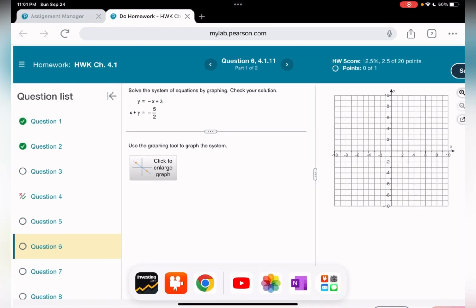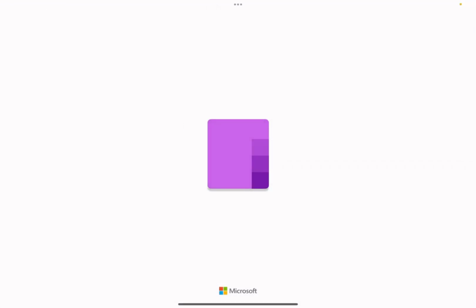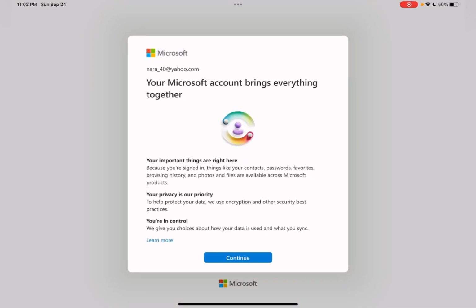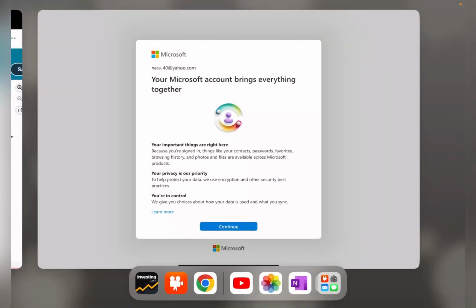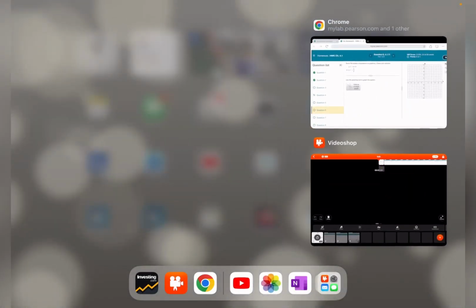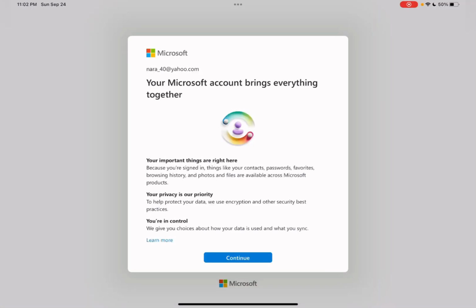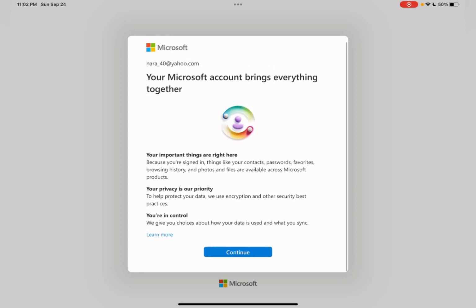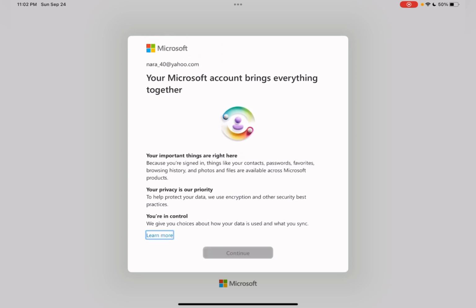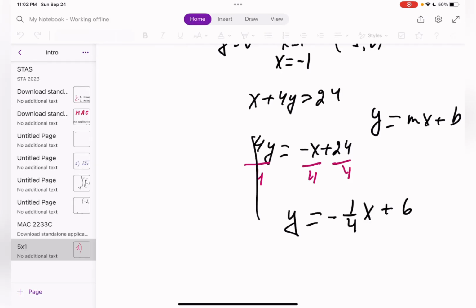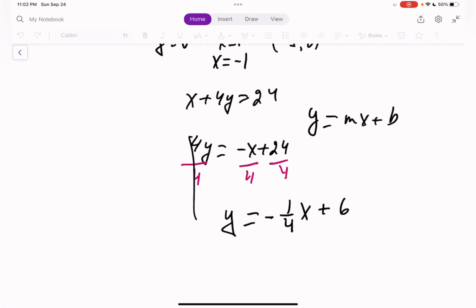Where is this from? Never liked Microsoft. See, it's now dictating to me.